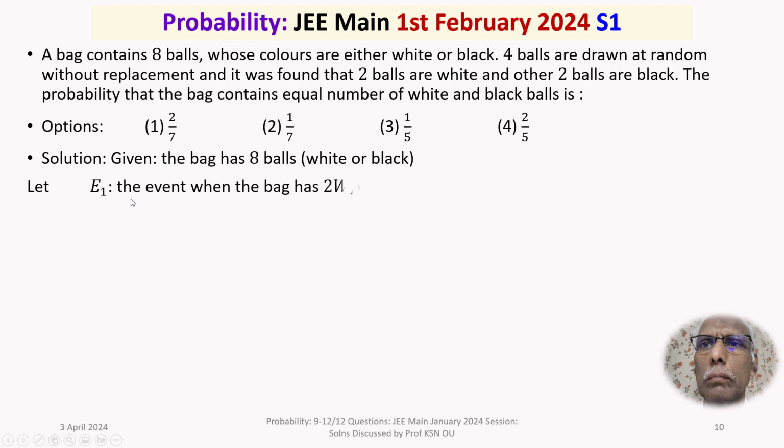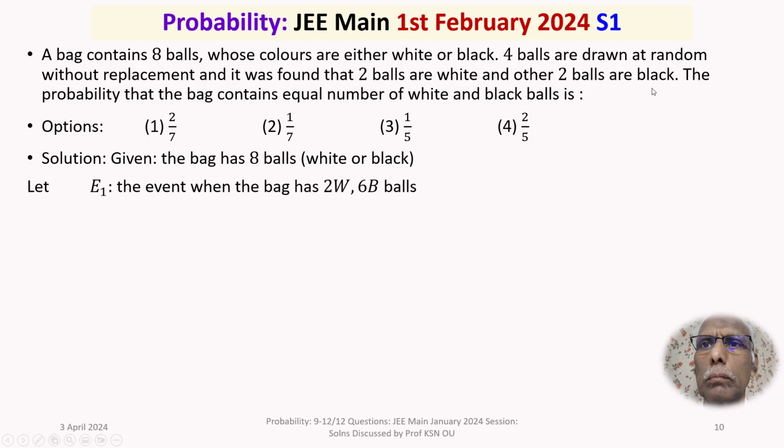Let E1 be the event when the bag has 2 white and 6 black balls. One may ask, sir, why 2 white and 6 black balls? Because what is your task? In your task, when 4 balls are drawn at random without replacement, it was found 2 white balls and the other 2 black balls.